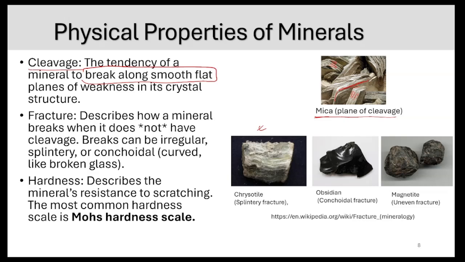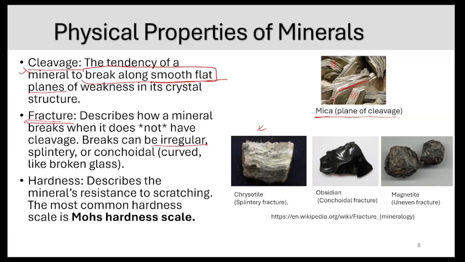In contrast, we also have fracture, and fracture is irregular breakage. Cleavage was smooth and flat planes, however fracture is irregular breakage that occurs when a mineral has no planes of weakness.